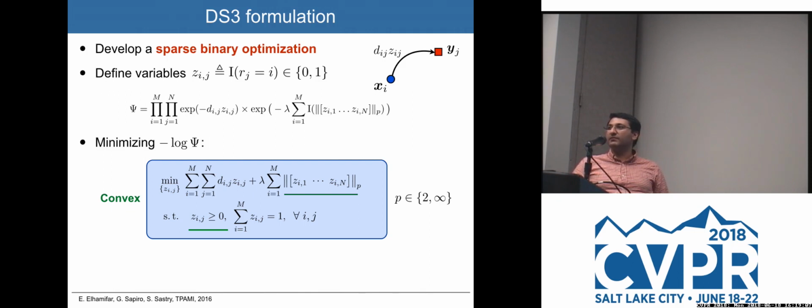So we look at the sum of the norms, and we relax the binary assignment to be, in a sense, a probability. It's going to be an assignment variable between 0 and 1, to what degree i is going to represent j. And this is going to be convex as long as p is bigger than or equal to 1. So for practical reasons, we are going to choose p to be 2 and infinity in order to get an efficient implementation.